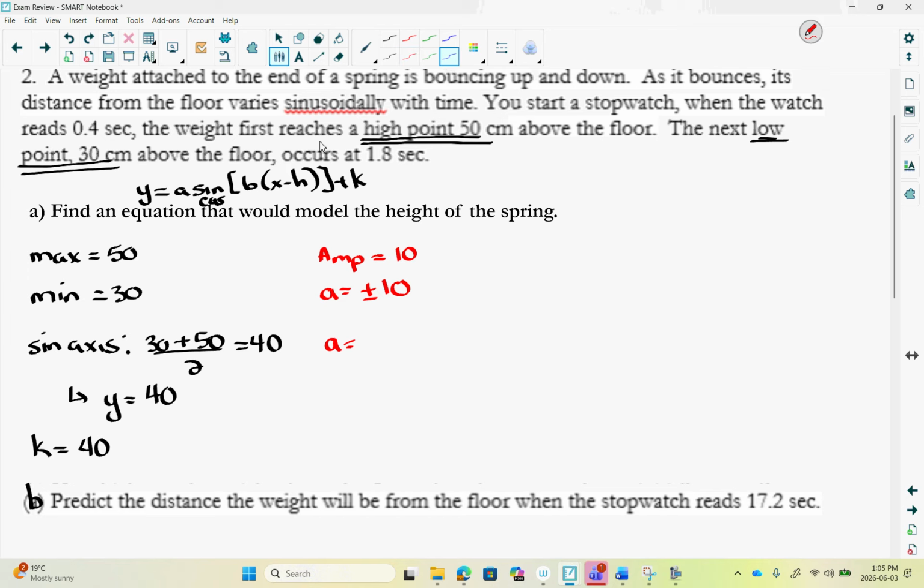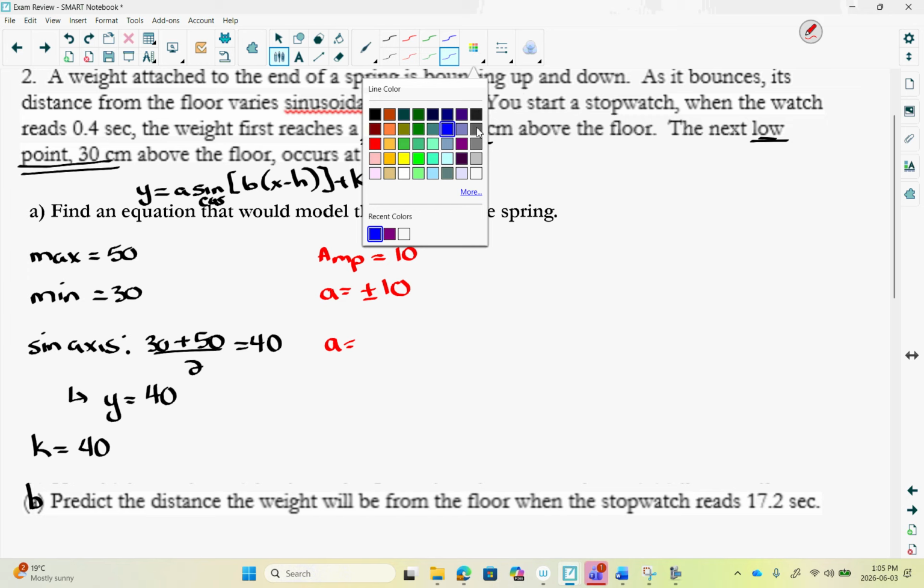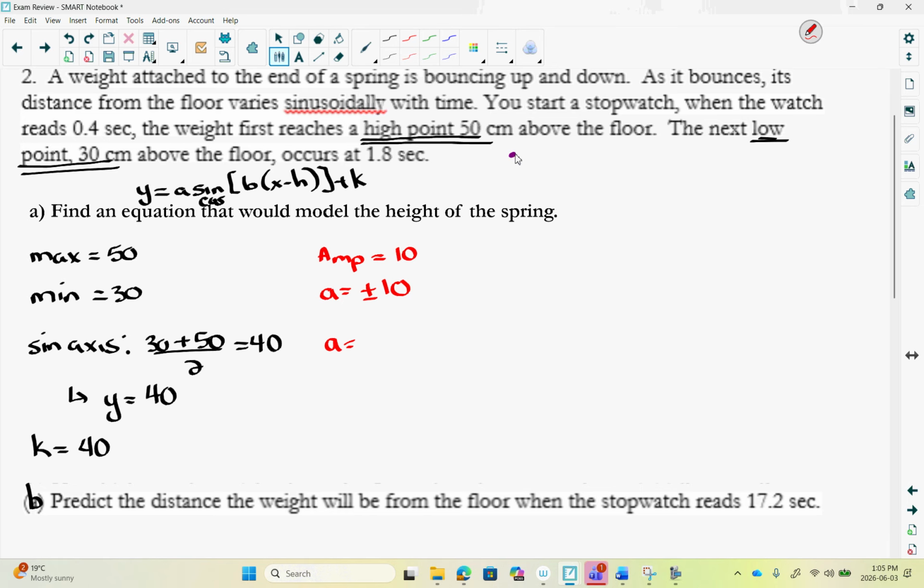Well, think about how this goes. All right, from 0.4 to 1.8, it goes from a high point to a low point. So your curve is going to look something like this. It would be at a high point, then at the sinusoidal axis, then at a low point, then at the sinusoidal axis, and then back to a high point. What type of curve is that?